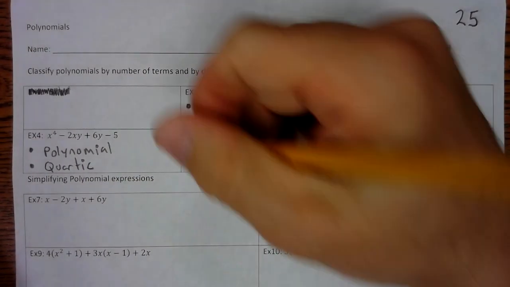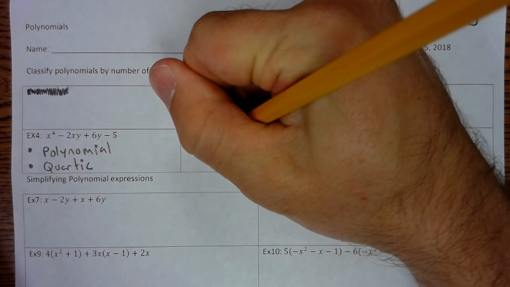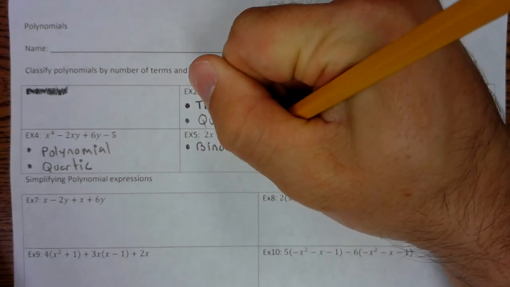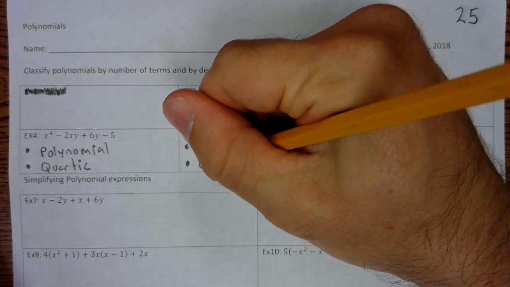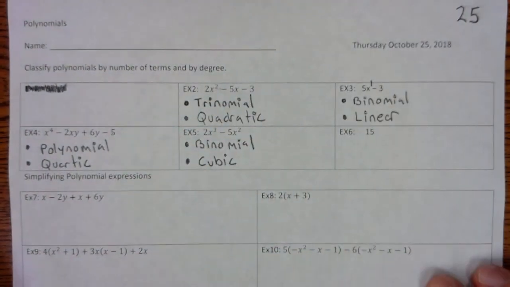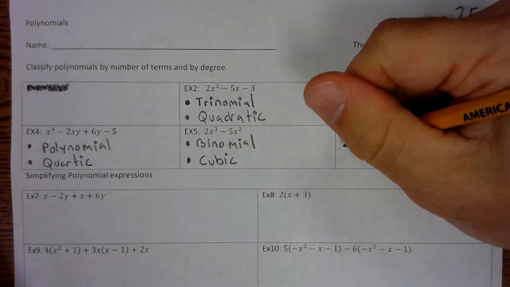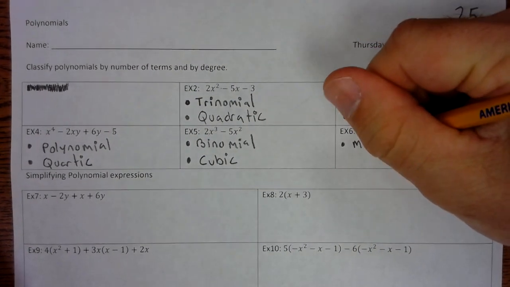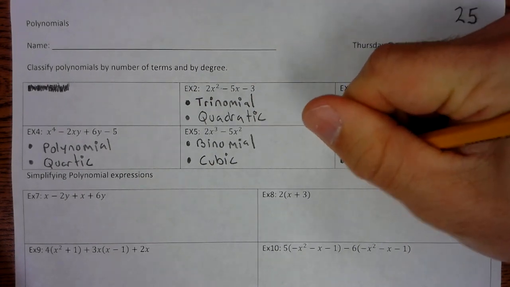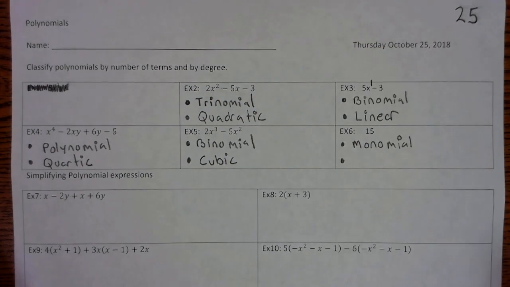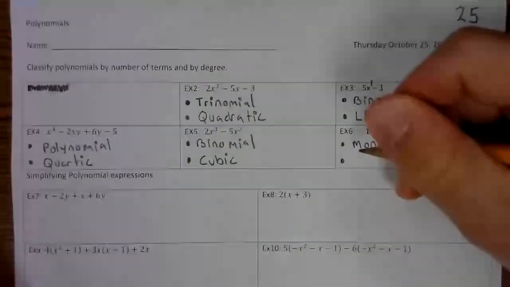Example 5, there's 2 terms, so it's a binomial. And the highest degree is 3, so it's cubic. All right, example 6, there's 1 term, so it's a monomial. And then it's only a constant value, so it's constant.